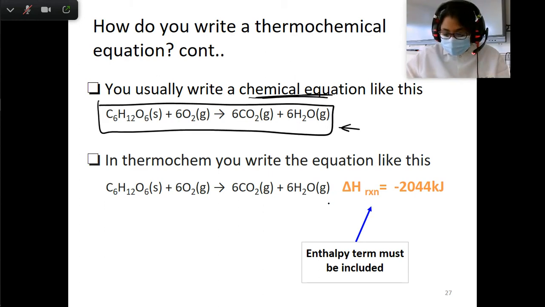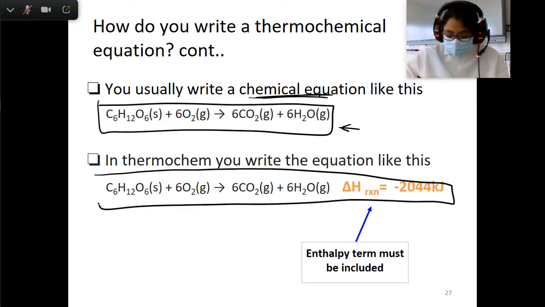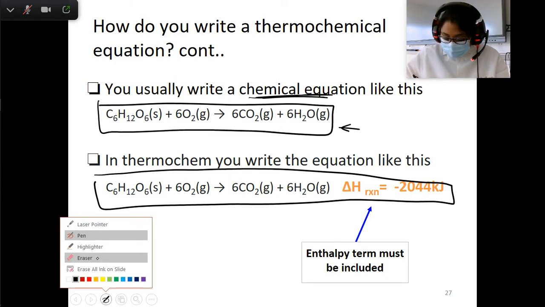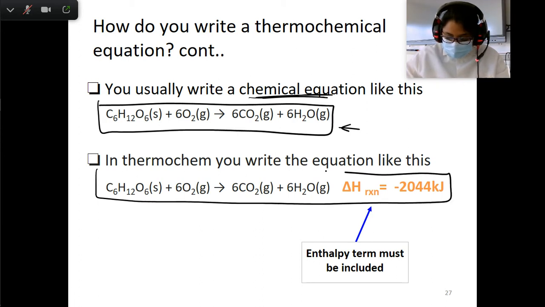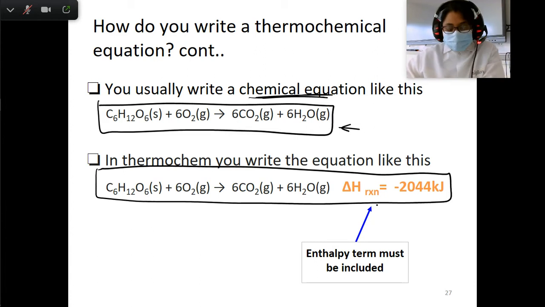The way that you make it a thermochemical equation is by including this term in orange right here. That is the enthalpy for this reaction. The enthalpy term has to be included in order to make it a thermochemical equation. So in this unit from now on, you will get reactions that include the term for energy.